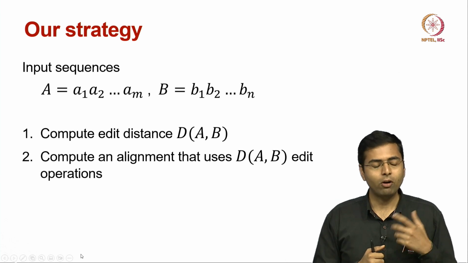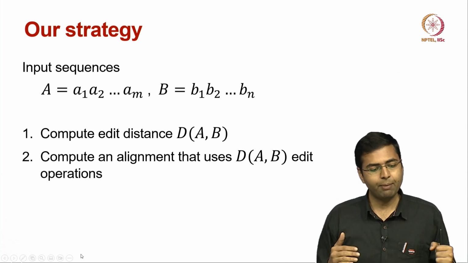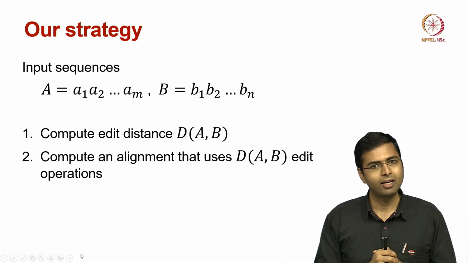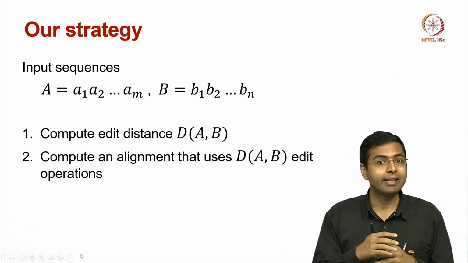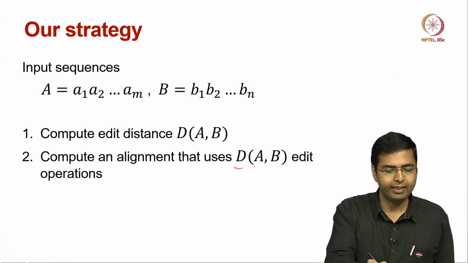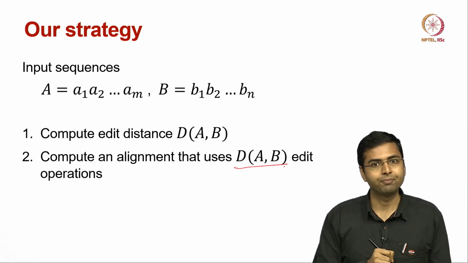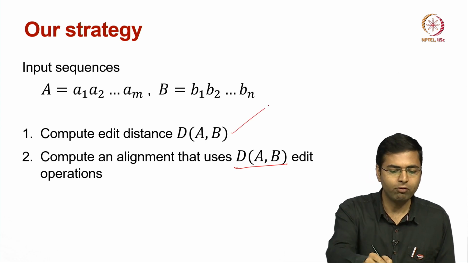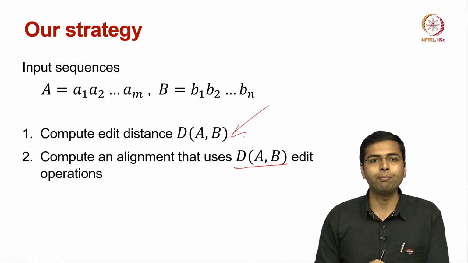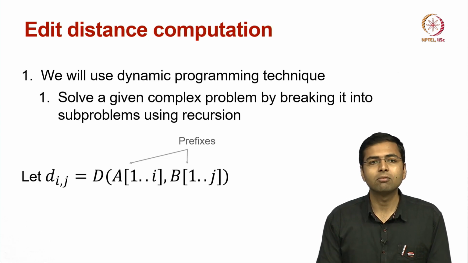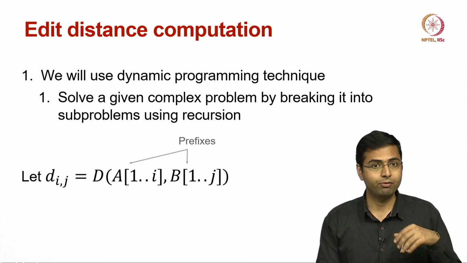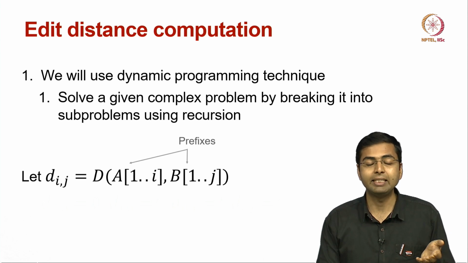Now, we will follow this strategy: we will first compute the edit distance between A and B, and the second step will be to find an alignment that uses exactly D(A, B) edit operations. As a first step, let us see how we can solve the edit distance between A and B. Our general strategy for solving this problem, and even for some of the next methods that we will see, is to use the dynamic programming technique.